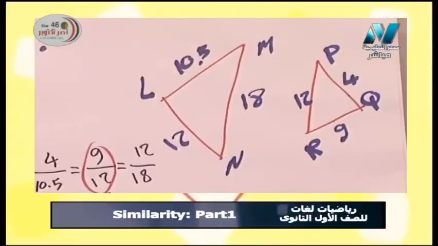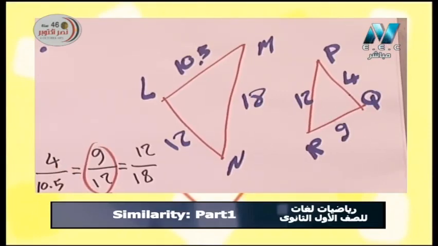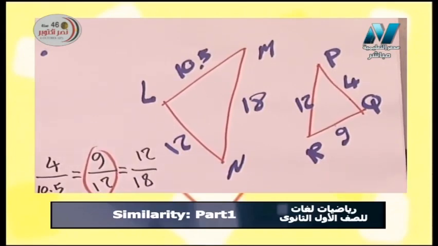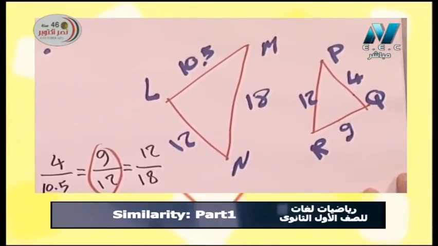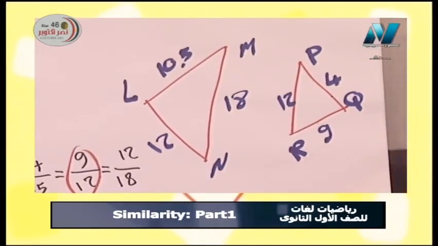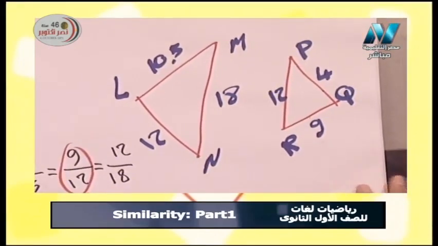We have found that 4 over 10.5 is equal to the ratio 8 over 21, and 9 over 12 will be 3 over 4. Okay, this ratio doesn't equal.